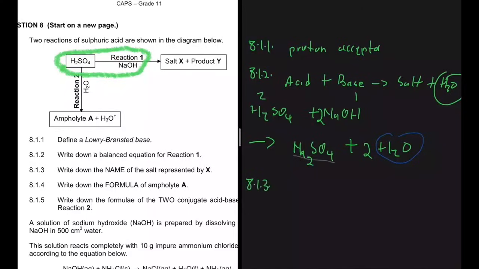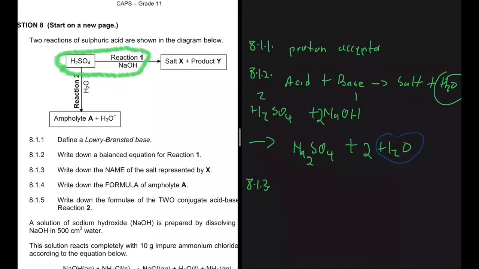But for the most part, there's only a few reactions you're going to be examined on, right? So just go to your exam guideline, go through past exam papers, and just memorize all the reactions that you see. And then 8.1.3 says, write down the name of the salt represented by X.